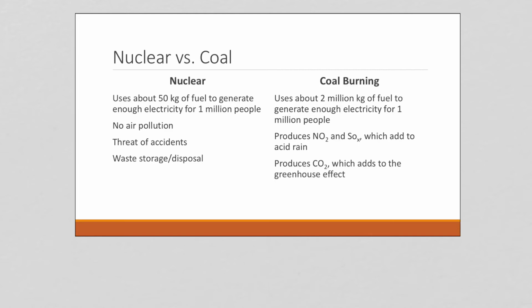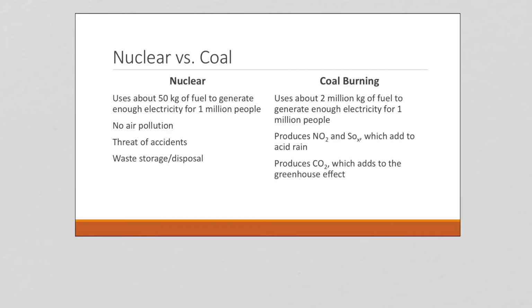So, one of the advantages that nuclear energy has is how much material it takes. In terms of the amount of energy that you can create in a nuclear plant, you use about 50 kilos of fuel. So about 50,000 grams of your nuclear fuel will create enough electricity for about 1 million people.